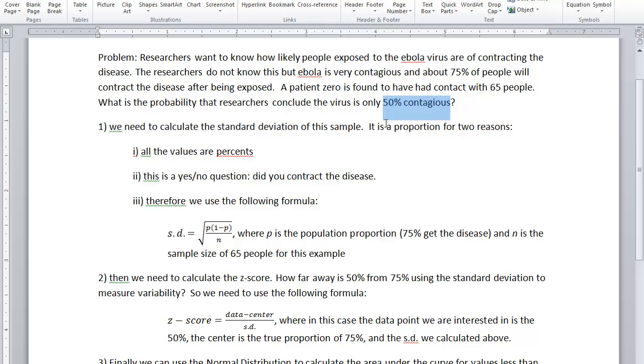I'm not a bioresearcher, but to me it seemed logical, right? So for the purposes of this problem, what's the probability that researchers conclude that you got a 50-50 chance of getting the disease? Now remember, we know that 75% of people should contract the disease, right? But the researchers don't know that, so they're just wondering if it's 50-50, all right?